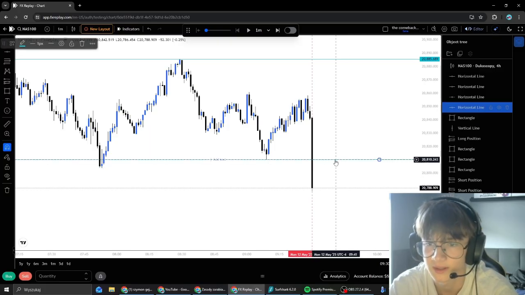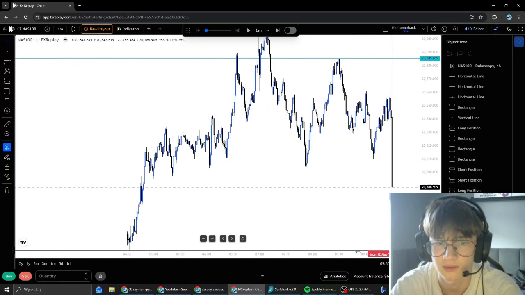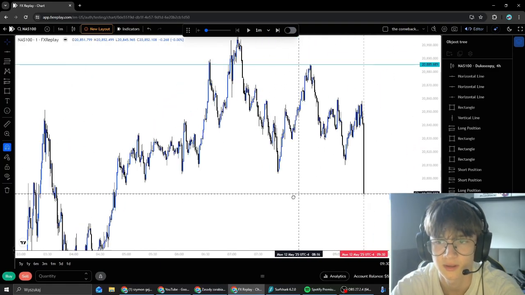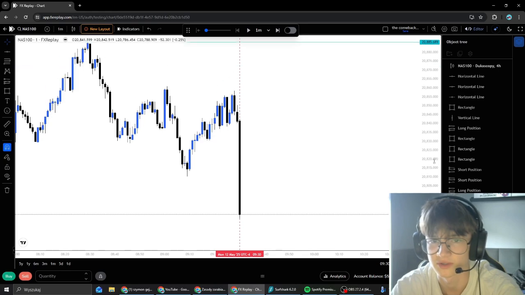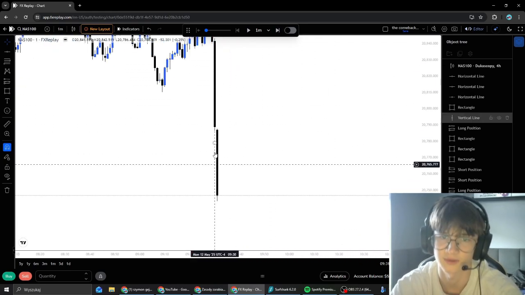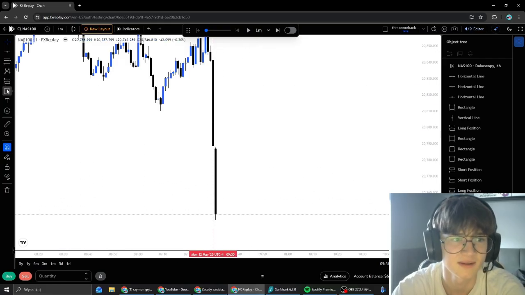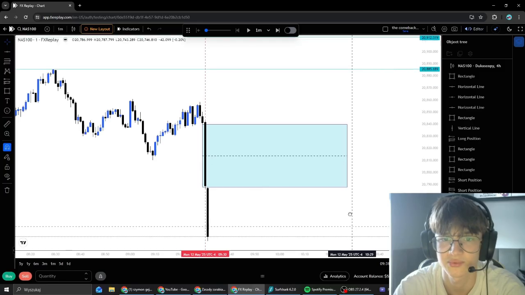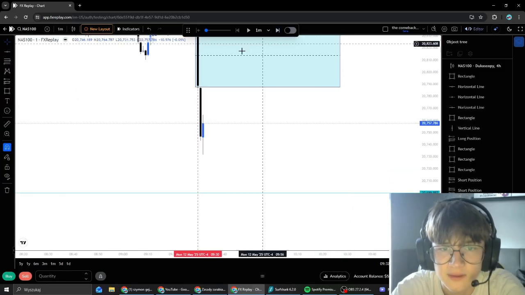I'm gonna take these lows out because I already took them. We took all of these equal lows. I wouldn't be surprised if we just go straight back up after that, but I don't know if we're gonna inverse this FVG.